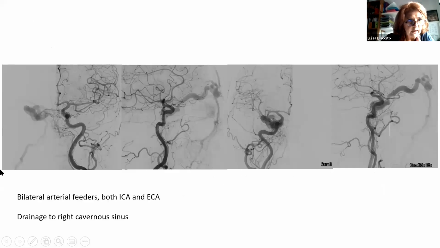The angiogram confirmed the fistula draining to the right cavernous sinus with afferents from both sides, external and internal, right and left.